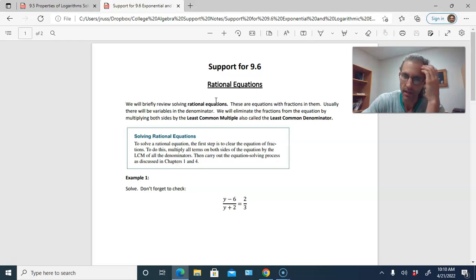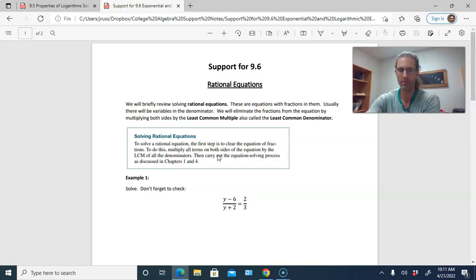Our goal is to try to eliminate those fractions, and then it makes those equations much easier to solve. The way we eliminate those fractions is multiplying both sides of the equation, or every term, if you will, by whatever the least common denominator is.